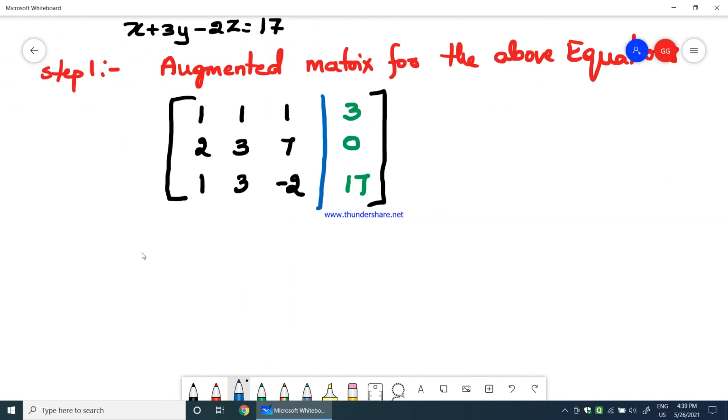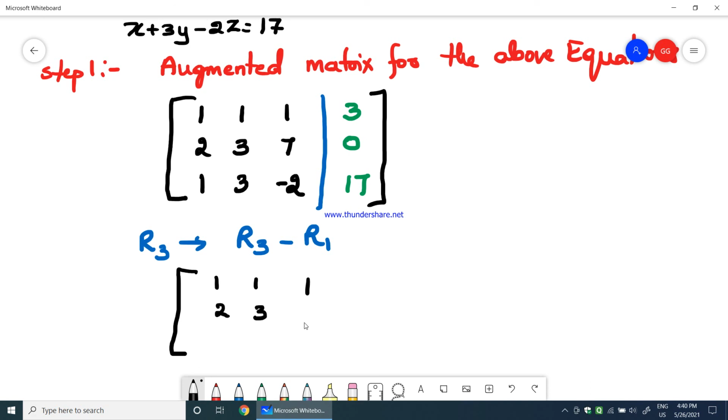I'll replace R3 by subtracting R1 from R3. So what will I get? Let me write the resultant matrix. Row 1 is 1, 1, 1, 2, 3, 7.